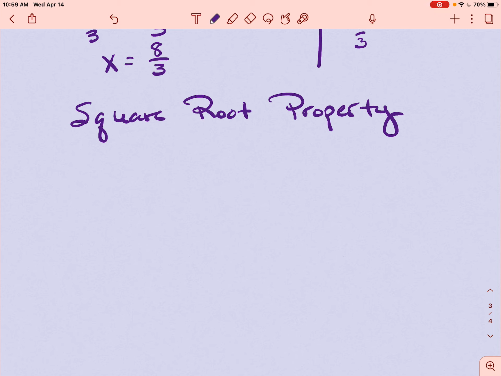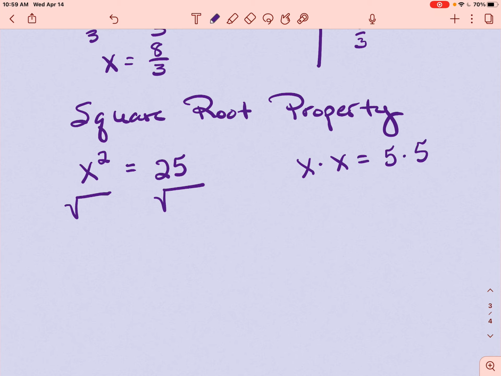It's maybe just as easy to show you with an example. x squared equals 25. If x squared equals 25, I can actually square root both sides to solve it. I know that x times x equals 25, and 25 is 5 times 5, right? And so the square root of x squared is x, and the square root of 25 is 5.